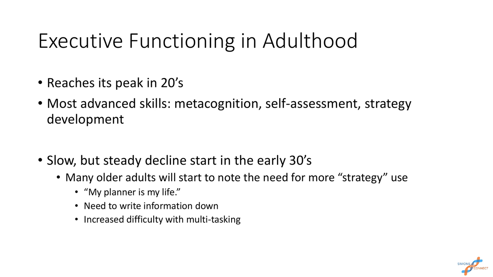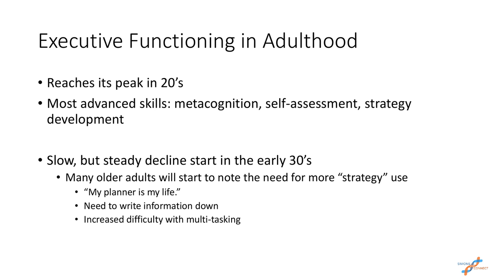So as adults get older, what they find is that they need to use more strategies to help them remember. So a lot of these go to some of the working memory skills. So it might be that in your 20s you could really remember everything that you were supposed to do that day without any difficulty, but now in early 30s and 40s and 50s we find that maybe we rely more on our planner.